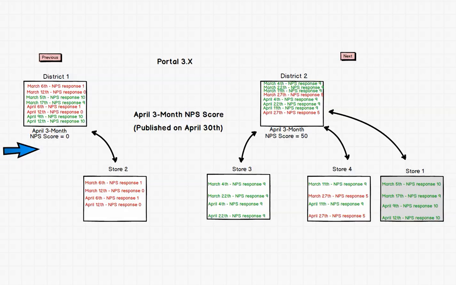The way it calculates scores in the new version of the portal, the survey responses that came in for Store 1 will continue to stay with District 1 and will affect District 1's 3-month score for 3 months after they get the responses. They'll affect their 6-month score for 6 months after they get the survey responses, and their 12-month score for 12 months after they get the survey responses.